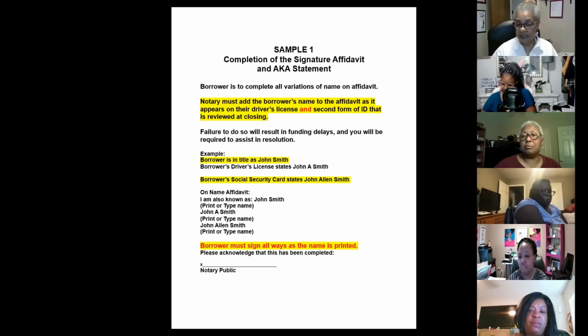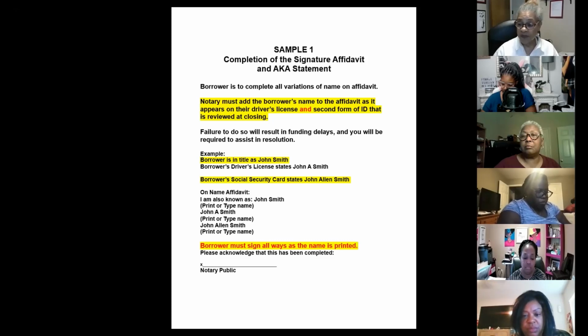So they give us the examples. The borrower is entitled as John Smith. His driver's license says John A. Smith. His social security card says John Allen Smith. On the name affidavit, I am also known as John Smith.